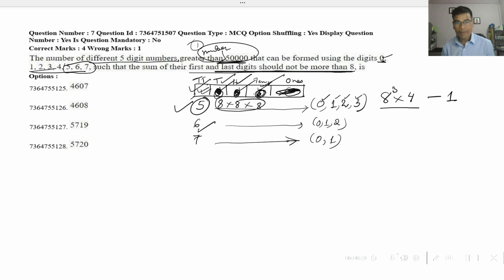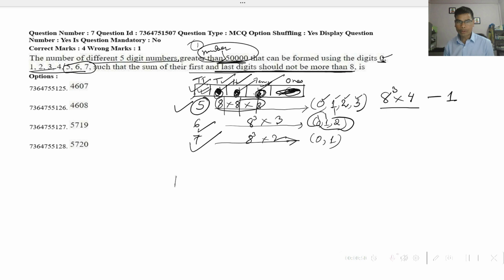Similarly, for the second group of numbers in which the first digit is 6, you can select the 1,000 digit, 100 digit and tens digit each in 8 ways, into the number of ways you can select your unit digit, which you can do in 3 ways. And finally, all those numbers starting with 7. The number of such numbers is 8 to the power 3 into 2.